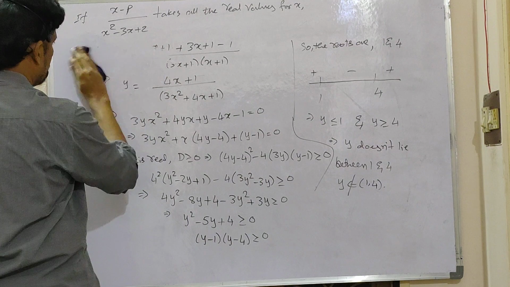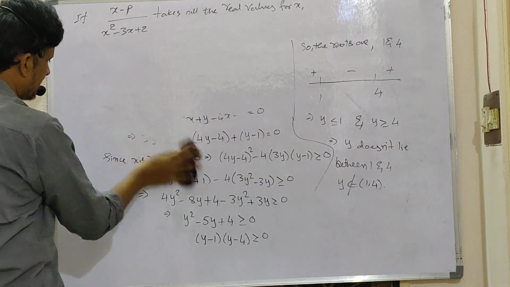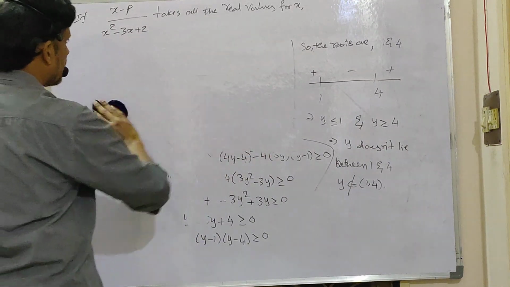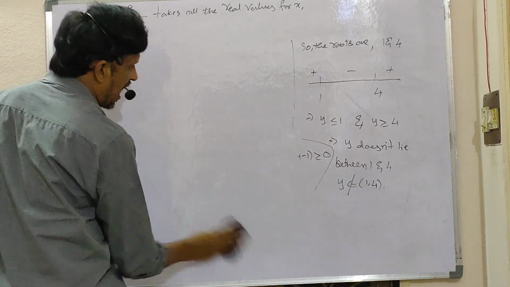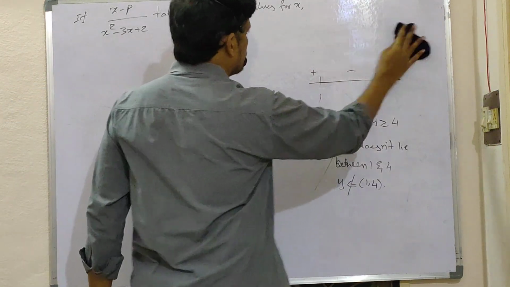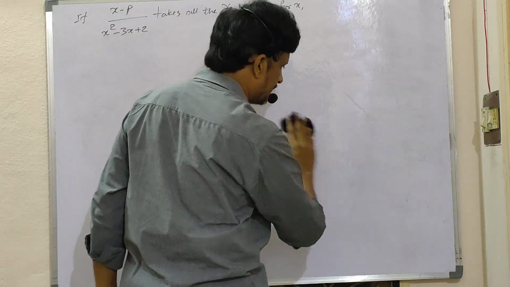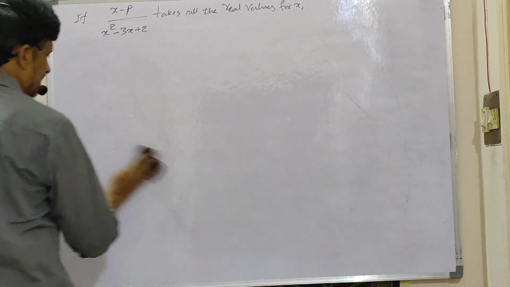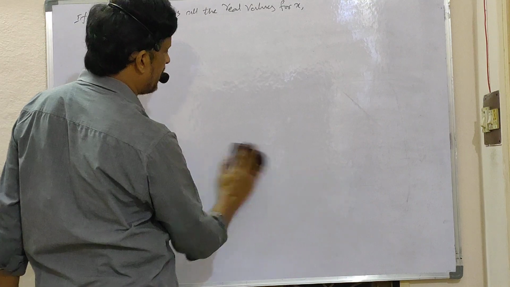Now the next one. If the expression (x − p)/(x² − 3x + 2) takes all real values for x, meaning x is always real, then determine the boundary values or bounds of p, meaning we have to write the range of p.